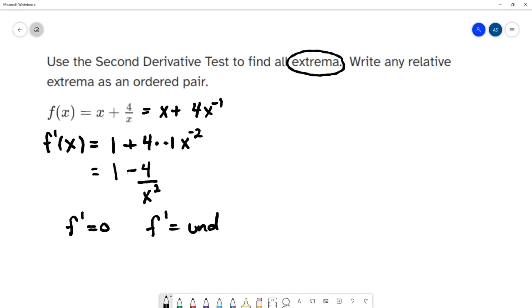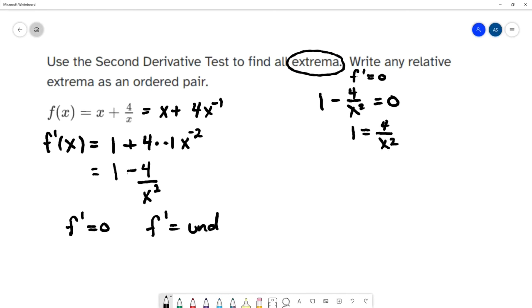So by setting my derivative equal to 0, I would have 1 minus 4 over x squared equals 0. I would add 4 over x squared to both sides to get 1 equals 4 over x squared.